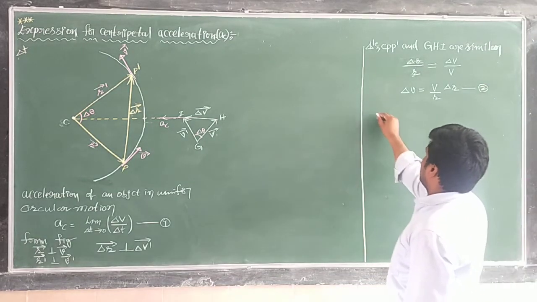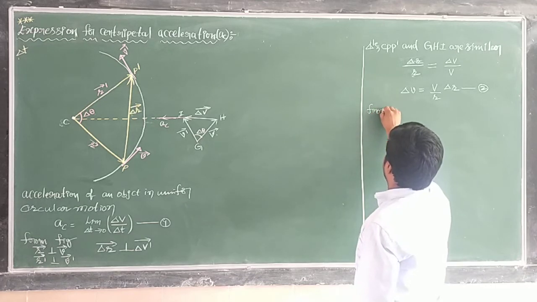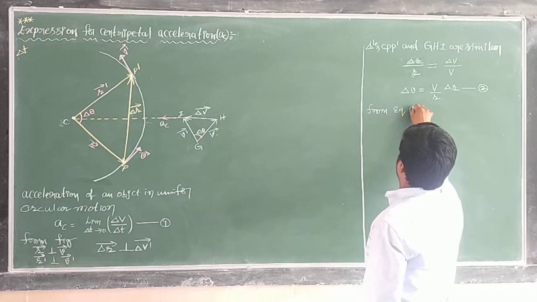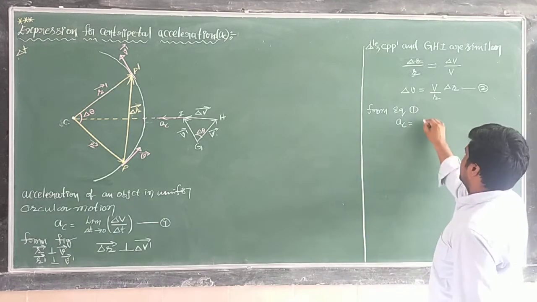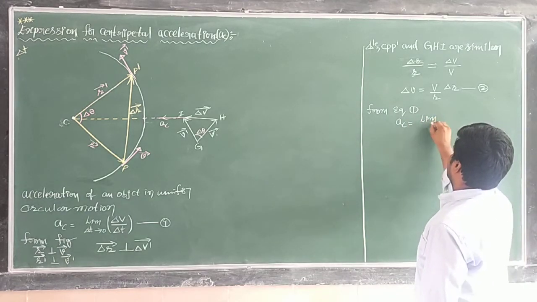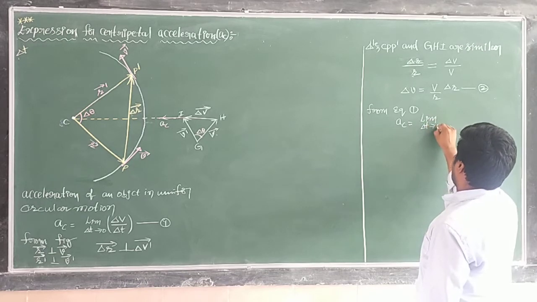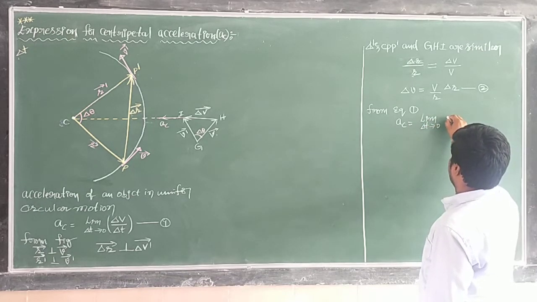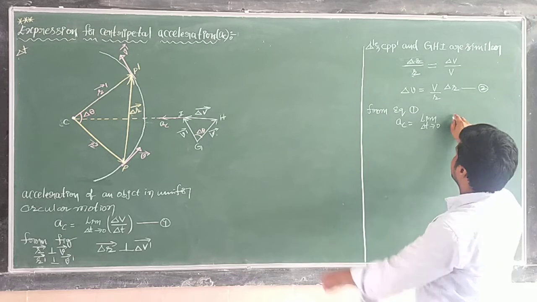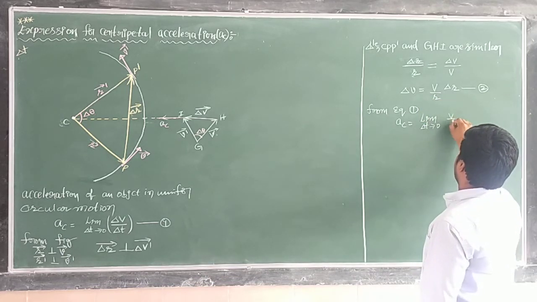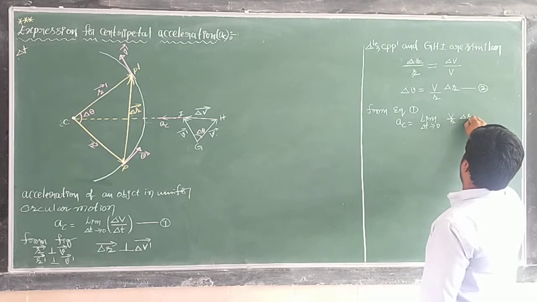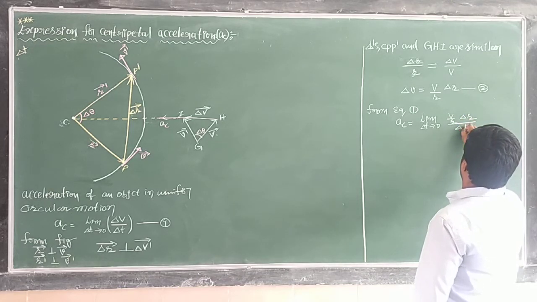Next, from the definition, from equation 1, centripetal acceleration AC equals limit delta t tends to 0 of delta V by delta t. Instead of delta V we write V by R into delta R, whole divided by delta t.